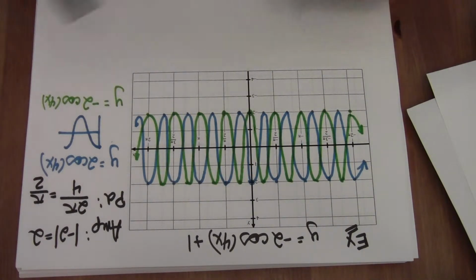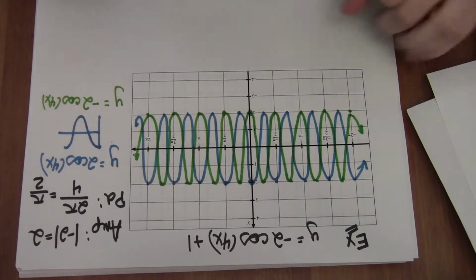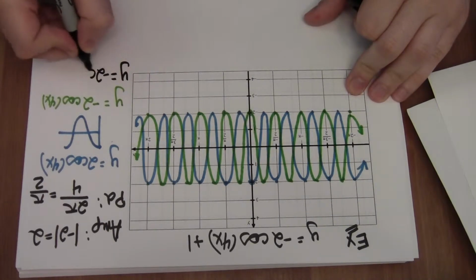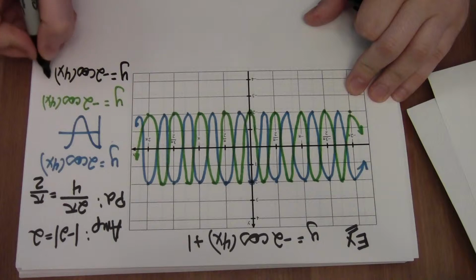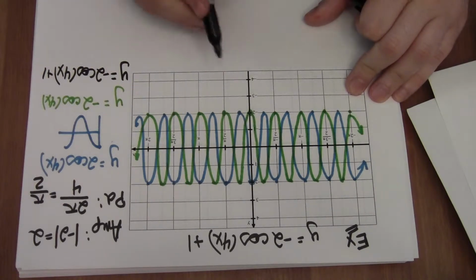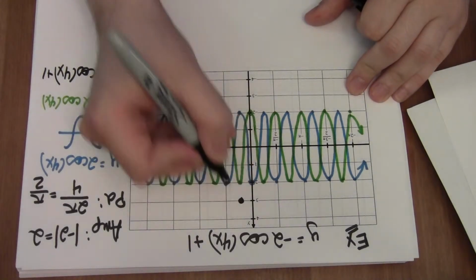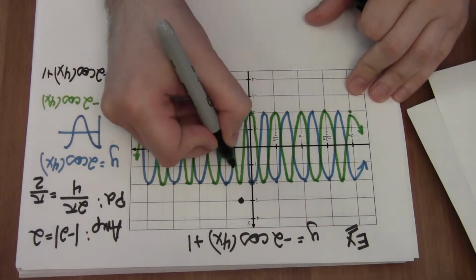Finally, I need to deal with moving that graph up 1 unit. Y equals -2 times the cosine of 4x plus 1. I'm going to take all my points and move them up 1. So if I was at 2, I'm now at 3. If I was at 0, I'm now at 1.